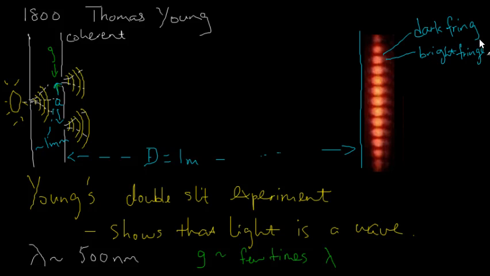So what I'm now going to do is to try and find a way to calculate, for example, the spacing between these fringes, if I know, say, the distance of the screen, the distance between the gaps, and the wavelength of light.